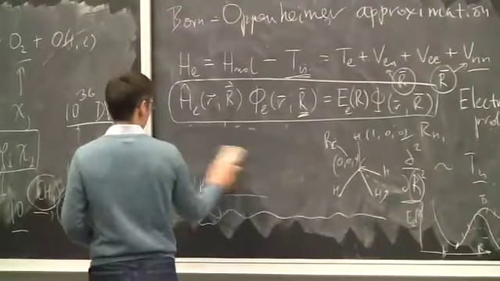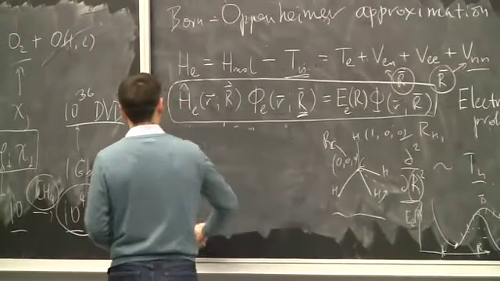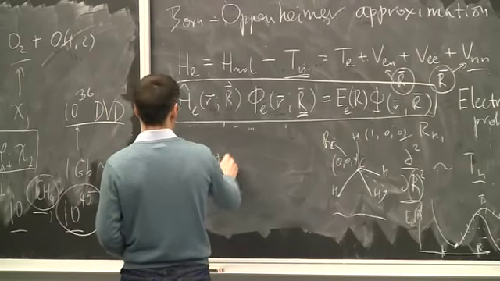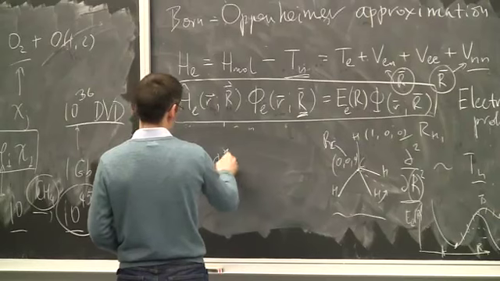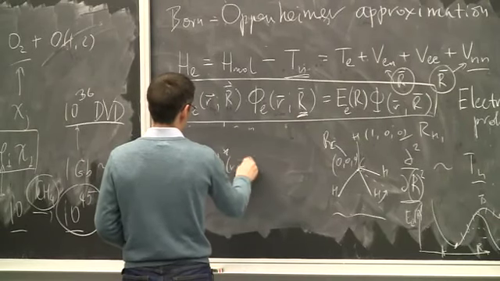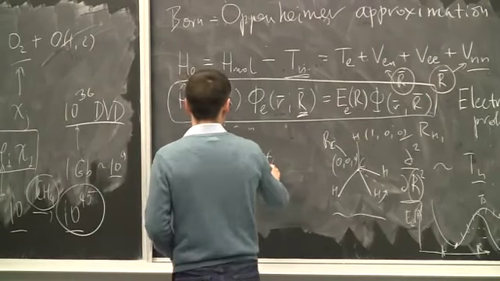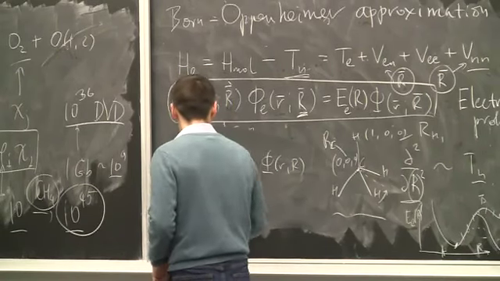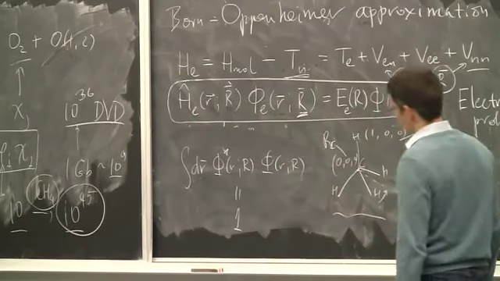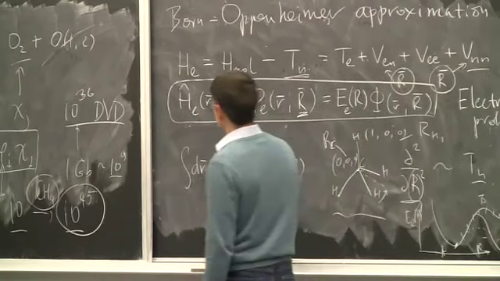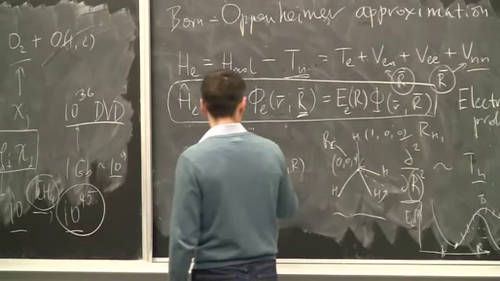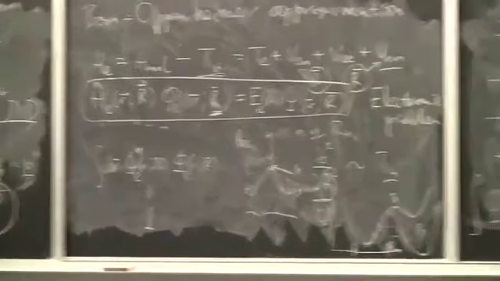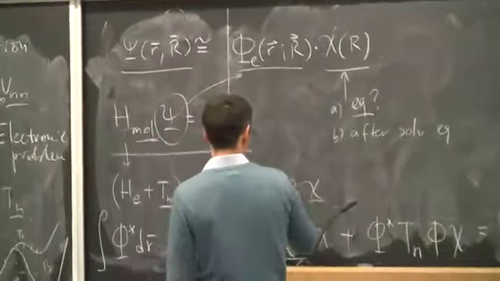So what we can easily prove is that the integral over all the coordinates of the electronic function for a specific nuclear configuration with itself will be 1. I'm not writing the electronic subscript here, but potentially we can write electronic subscripts everywhere.